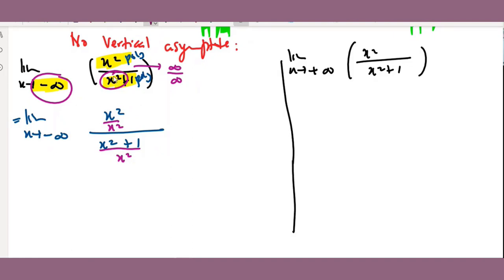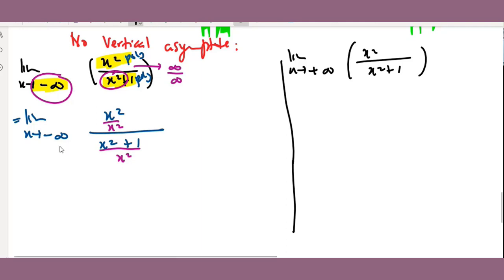See the differences between the treatment. When x tends to infinity, divide with the highest power of the denominator. When x approaches a value, you need to factorize. You have to remember that one.